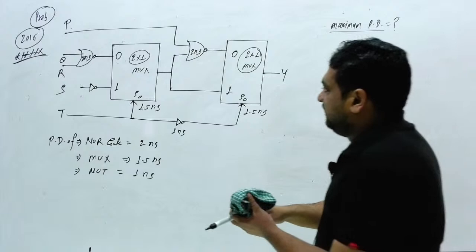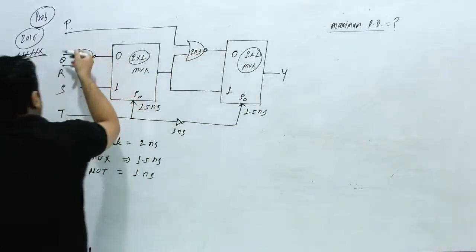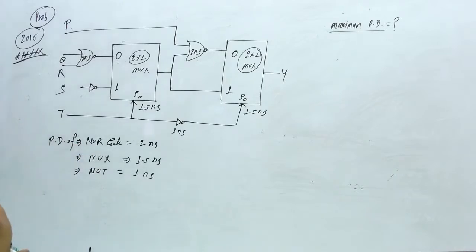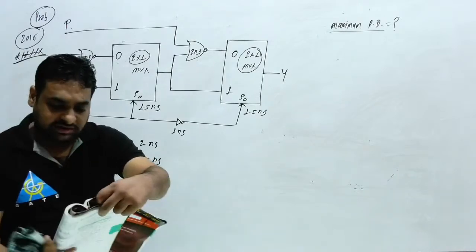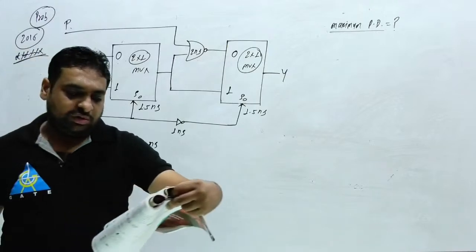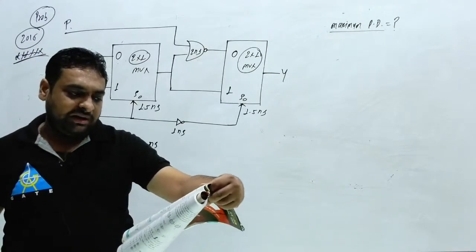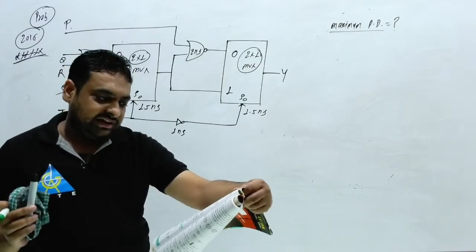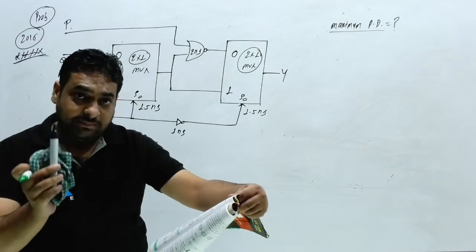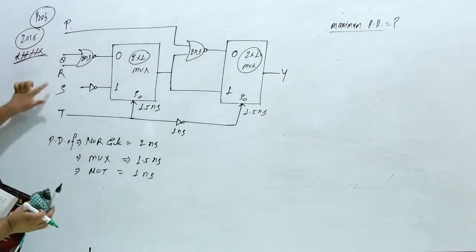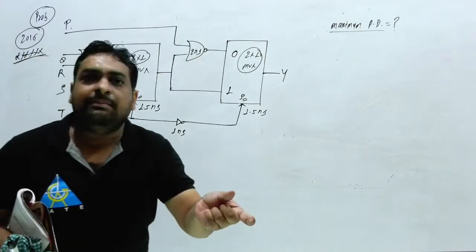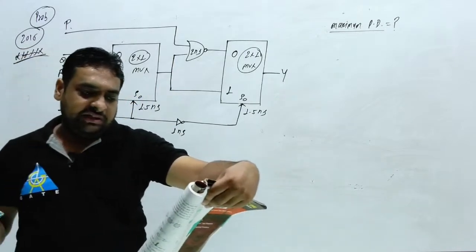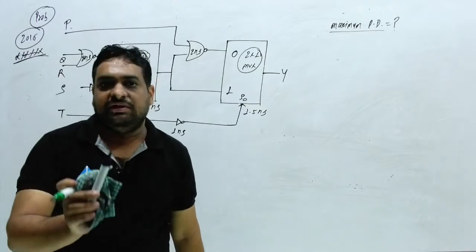So here you can see P, Q, R, S, T are the input. I am going to read out one question. For the circuit shown in figure, the delays of NOR gate, multiplexer and inverter are given. If all the inputs P, Q, R, S, T are applied at the same time, this is the important thing, at the same time all 5 inputs are applied, then what will be the maximum propagation delay of the circuit?